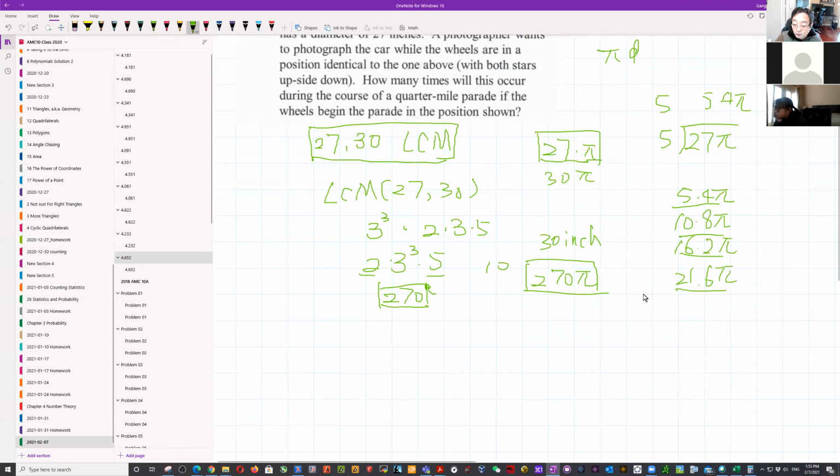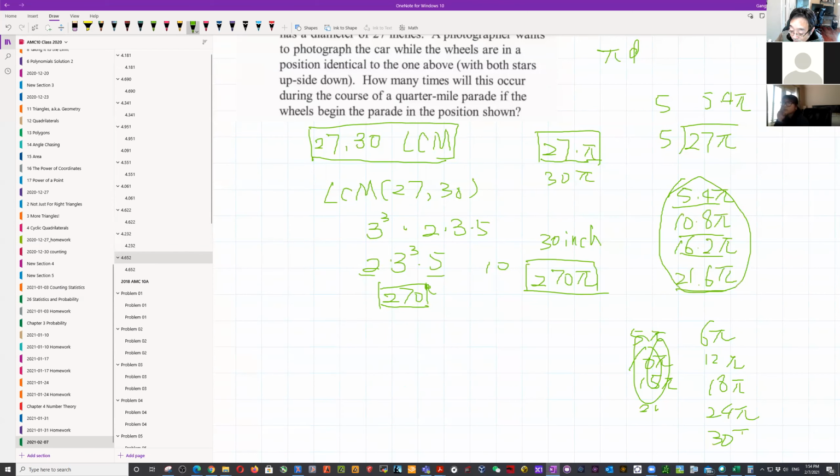And for the back wheel, basically it's going to be pointing down at 5 pi and 10 pi, 15 pi, 20. I think I'm getting it wrong. It's not 5 pi. It's 6 pi and 12 pi and 18 pi and 24 pi. So it looks to me that there's no way these will intersect, because these are fractions and these are integers.